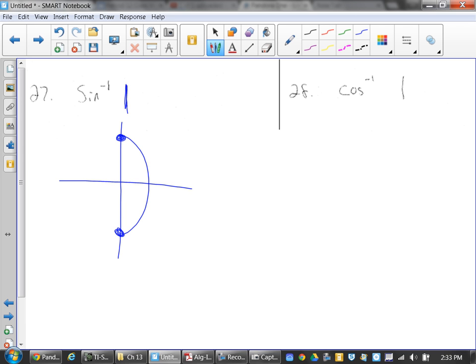It's a value of 1, so it's going to be on one of these 3 spots: 0, 1; 1, 0; 0, negative 1. Which one of those has the sine value of 1? 0, 1 at 90 degrees, otherwise known as pi over 2. And you go to the next question.